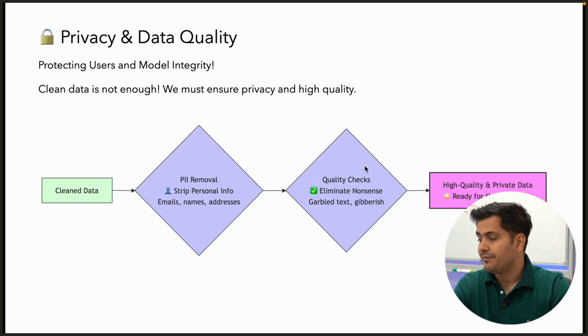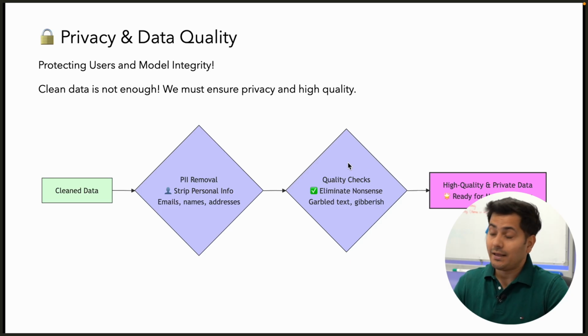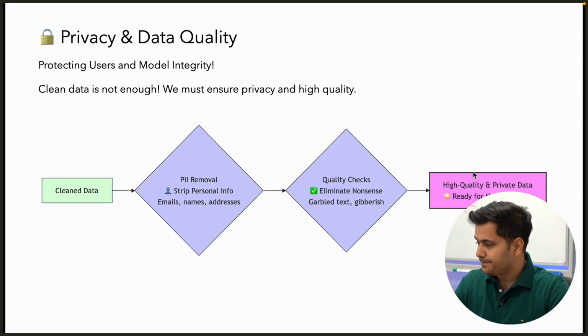Also, if there are grammatical errors, or things that don't make sense and are not representative of what we want our model to be trained on, then we eliminate those as well. What we're left with is still terabytes of good quality data, which is now ready for training our model, right?